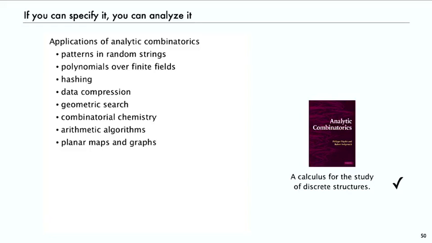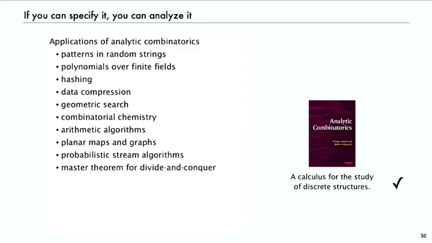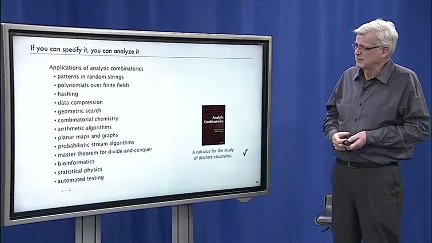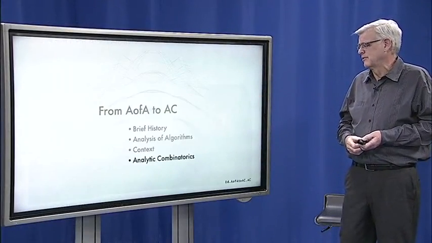There's a connection to analytic number theory. People are studying planar maps in graphs and probabilistic stream algorithms. We have a solution to a standard theorem in computer science that is based on analytic combinatorics. Bioinformatics is a very rich and fertile area of application, and statistical physics, and automatic testing of programs, and many, many others. If you can specify it, you can analyze it, and analytic combinatorics is here to stay.